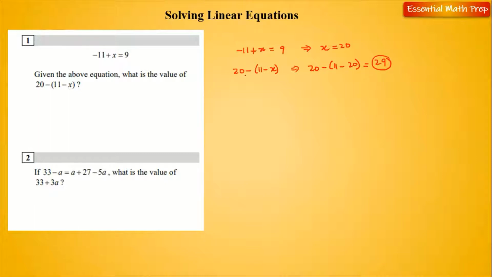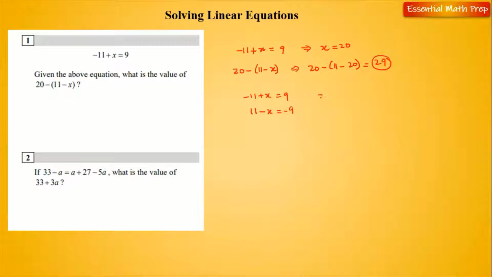An alternate way would be to also make a substitution. This is probably the easiest of the two, but some of you may not think immediately in that direction. So what you could also do is, you have this equation, right? If you multiply by negative throughout, then this becomes 11 minus x equals negative 9, right?